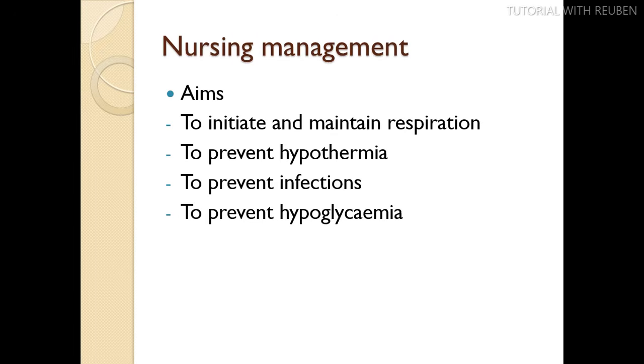Then you can do cord care to prevent infections. You can change the soiled linen and nappies for comfort. You can also allow the mother to participate in the care of the baby to promote mother-baby bond.